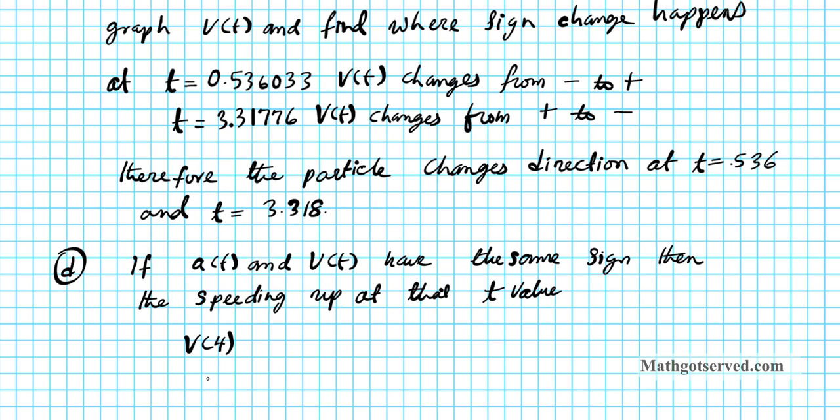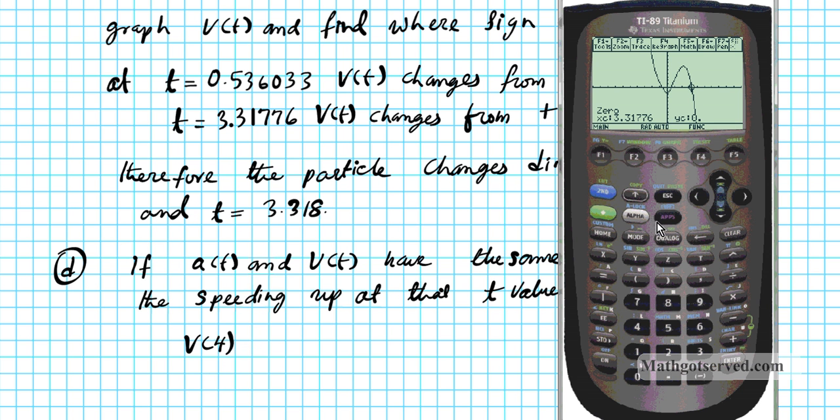V of 4 is what you get when you plug in 4 into the original function. So this is the velocity function. How can we find out what v of 4 is? We can simply do that by tracing it. Let's use a trace. Since this is the graph, we can just press F3. Whenever you press F3, you can enter in any value for your x.